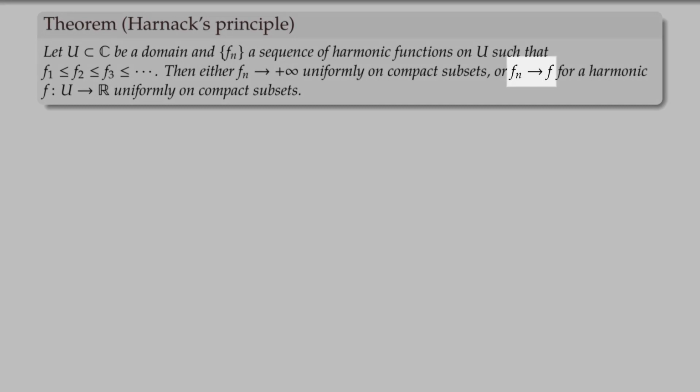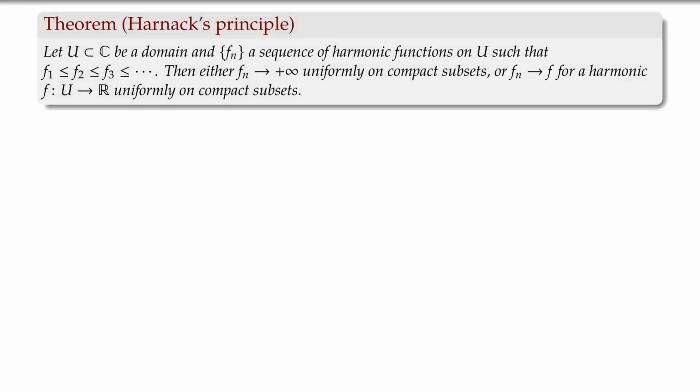So we start with essentially no convergence at all, and basically, if you're going to get infinity at one point, you're going to get infinity at every point, and you're actually going to get it uniformly on compact sets. And if you're not going to go to infinity at any one point, you're actually going to get a limit at every point, and the sequence converges uniformly on compact sets.